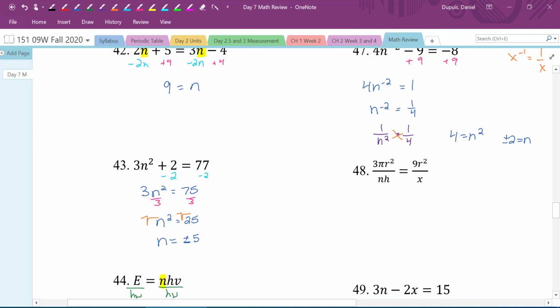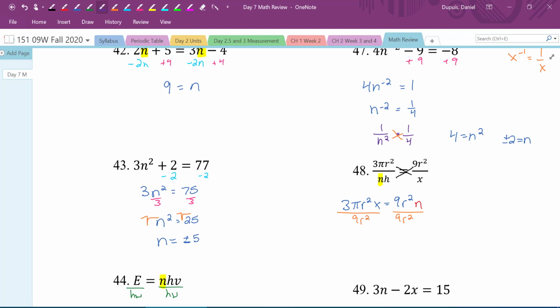Number 48. Solving for, of course, n. Well, n's on the bottom, so let's cross multiply. If I cross multiply, I get 3 pi r squared x equals 9 r squared n. Well, divide both sides by 9 r squared.